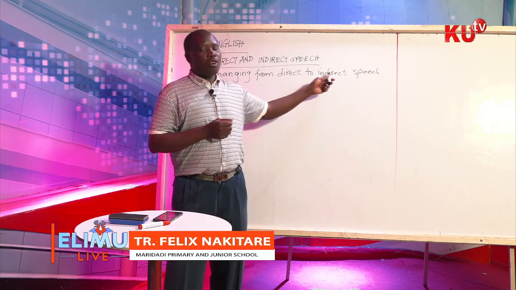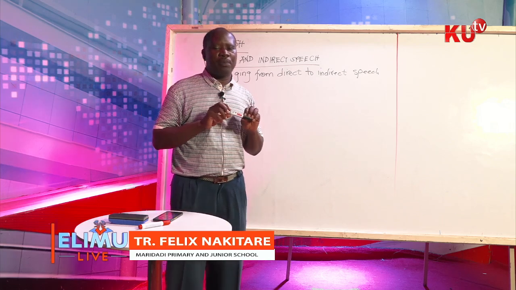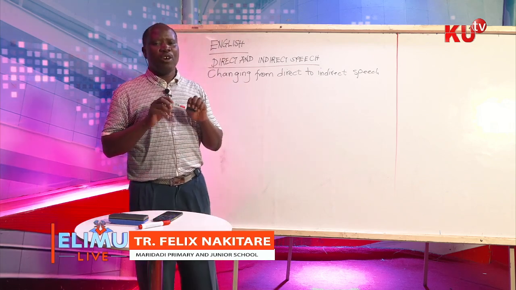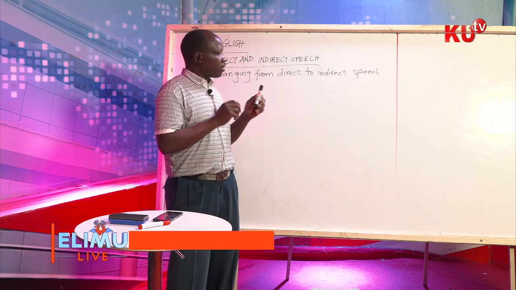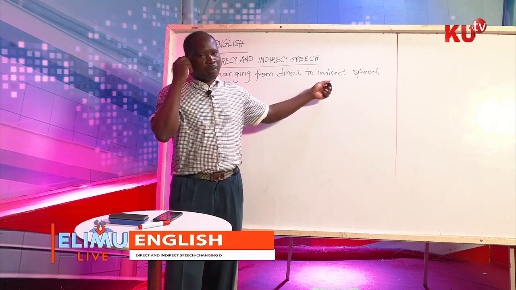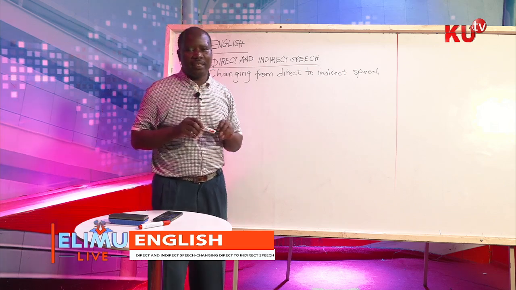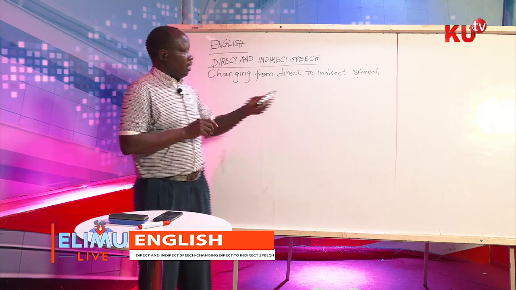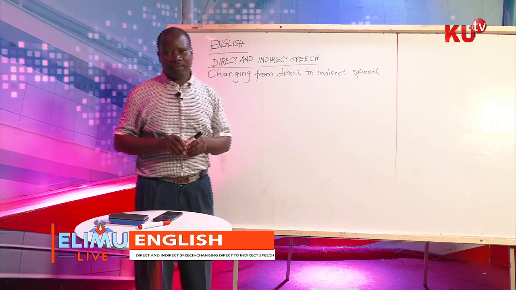Or we can say it is also called reported speech because the person giving this speech, writing the speech, or giving the speech verbally, reports. So it is called reported speech. Reports what somebody else said. That is why it is called indirect or reported speech.